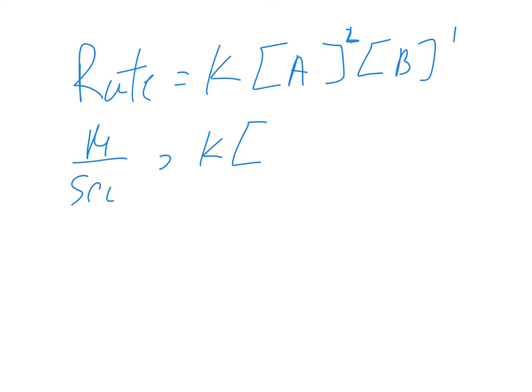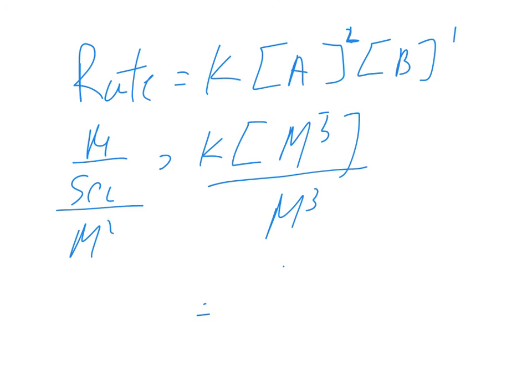So that means we're going to have molarity squared times molarity to the first power, which means we're going to have units of molarity cubed on the right side of this algebraic expression. So solving for k, you can divide both sides by molarity cubed, which means the units for k for this third order reaction would be 1 over molarity squared times seconds.